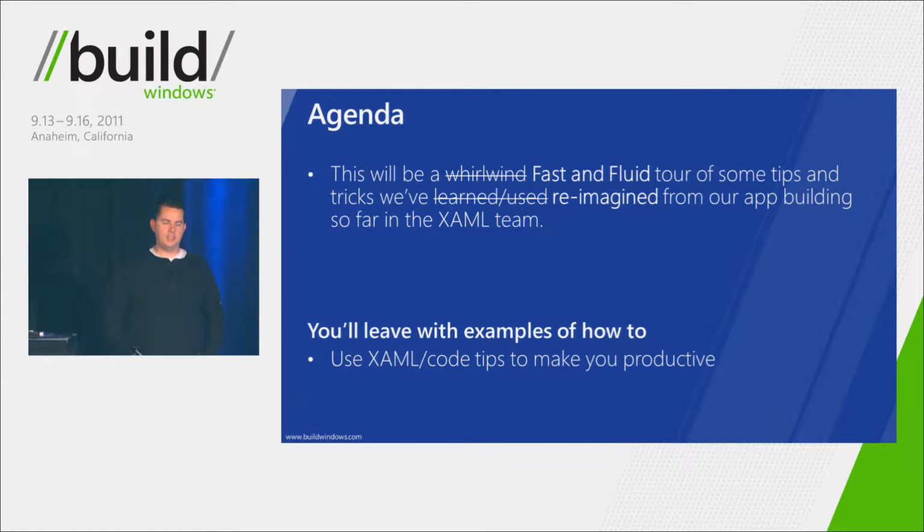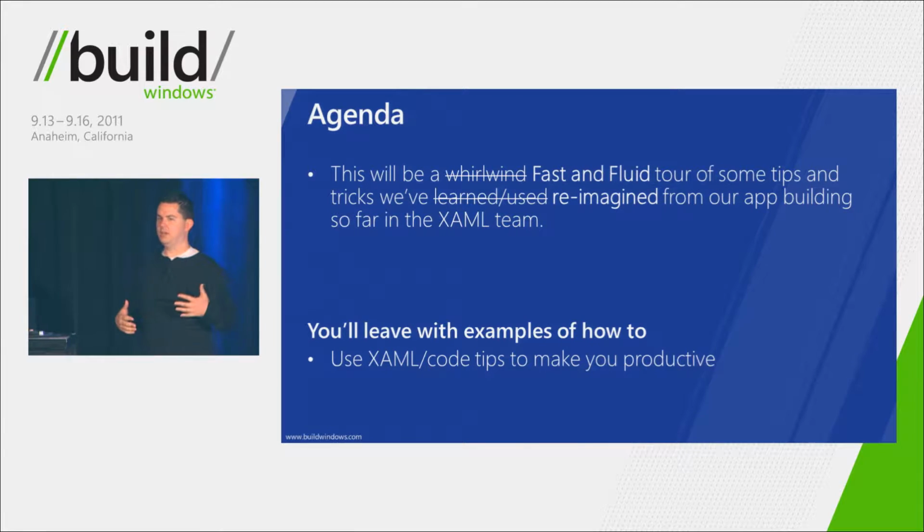Our team has been working on the XAML platform for a while. You saw a lot of different features, hopefully this week, in talking about the grid view, the list view, and other aspects of the XAML platform, some things that are new, the notion of contracts, how you make your app light up. A lot of tips and tricks were talked about in some of those sessions as well. We met as a team and decided, as we were going through our app building, what did we discover?